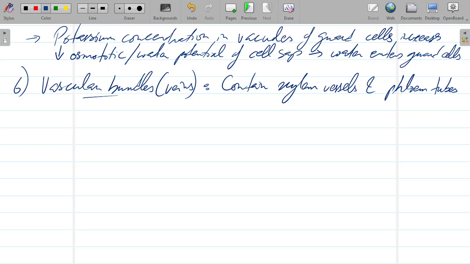So the xylem vessels are long and thin, and the cells do not have any contents except for the cell wall.